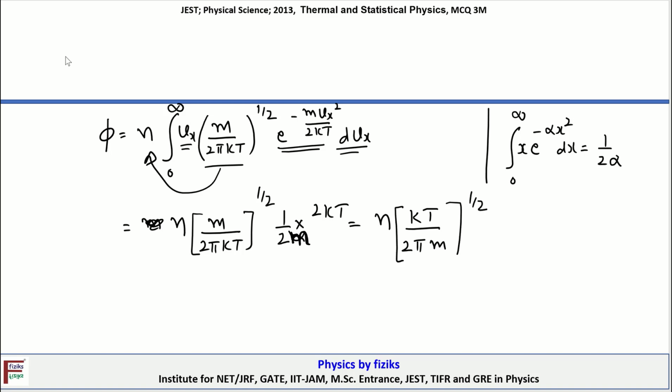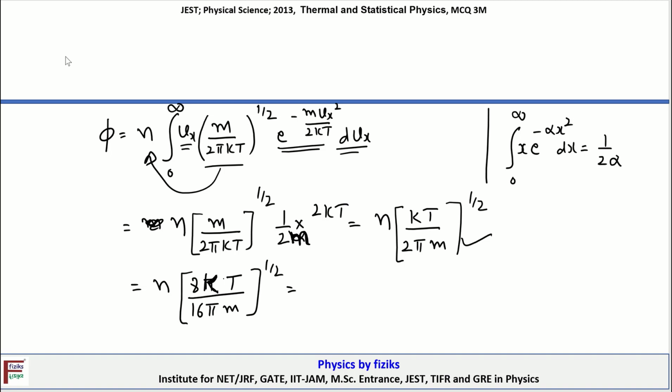This can also be rewritten as the final result. I'm multiplying by 8 in the numerator, so n into 8kT upon 16 pi m, under root.